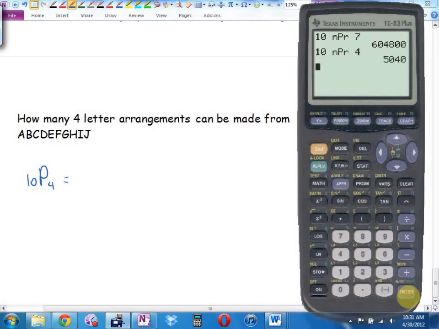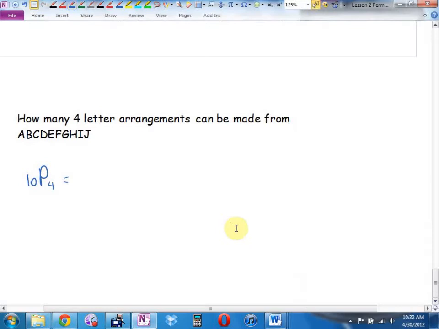Or you can go 10, math, left arrow, option 2, 4. 5,040. Okay. But what does this mean? This means 10 factorial over 6 factorial. It means 10 times 9 times 8 times 7 times 6 times 5 times 4 times 3 times 2 times 1, and on the bottom is 6 times 5 times 4 times 3 times 2 times 1. So the 6s and the 5s and the 4s and the 3s and the 2s and the 1s cancel.